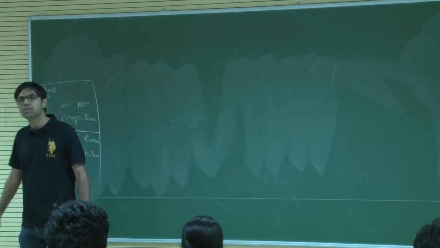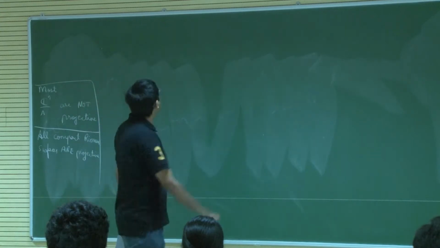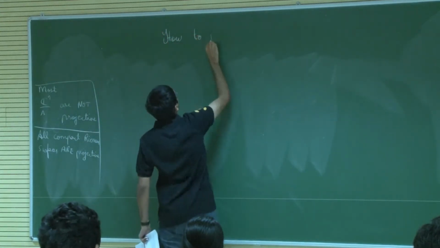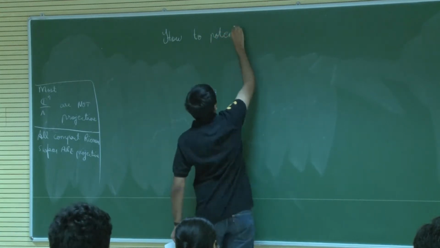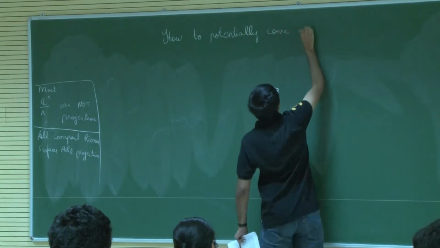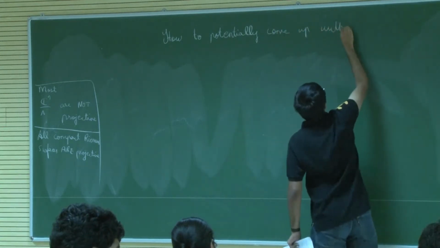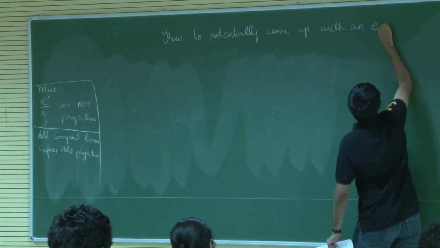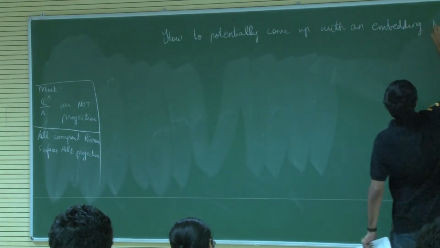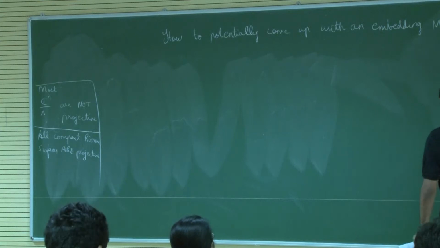Okay, so the next order of business is this. So how to potentially come up with an embedding of a given compact complex manifold into some projective space.